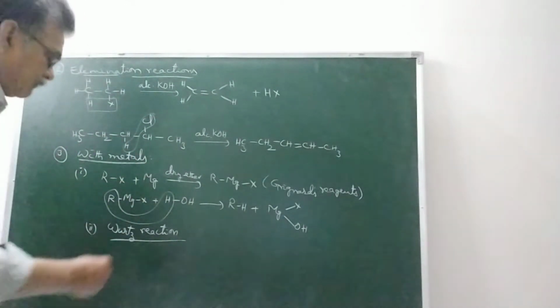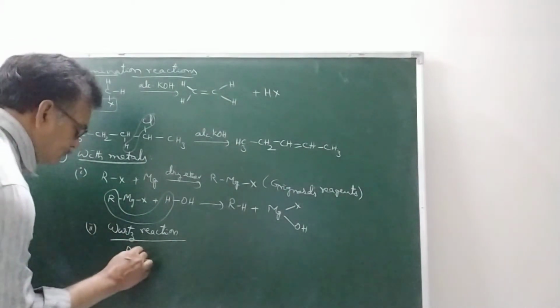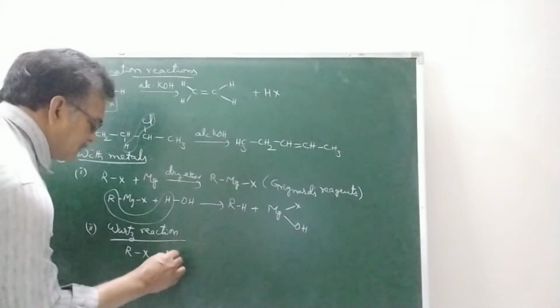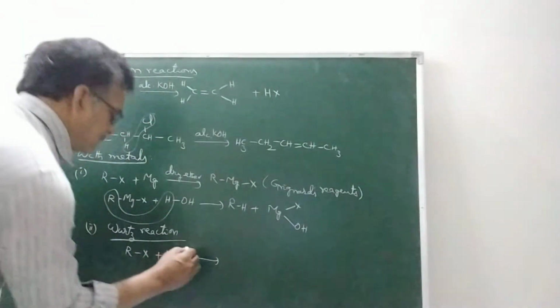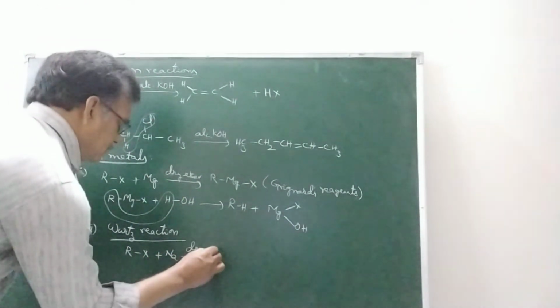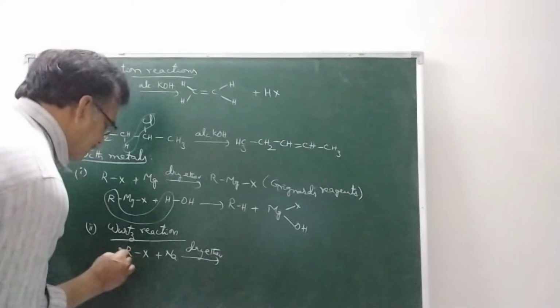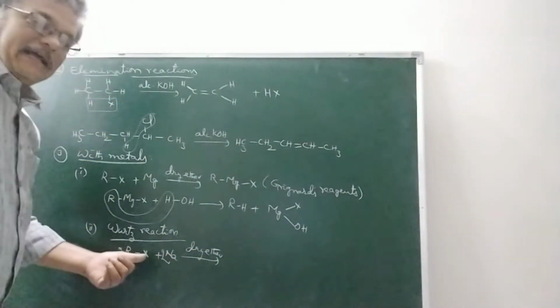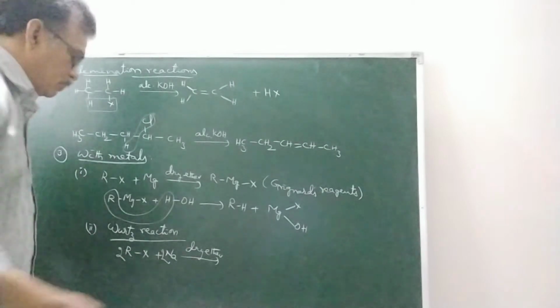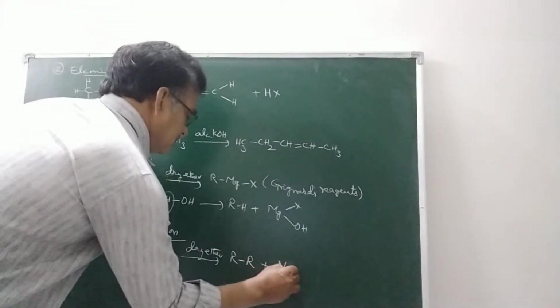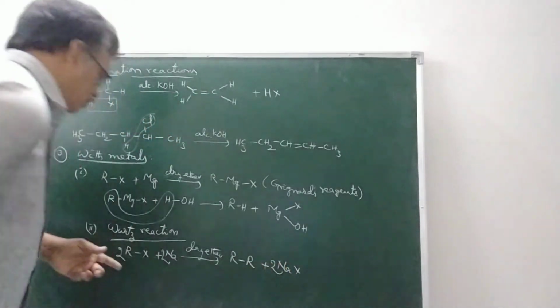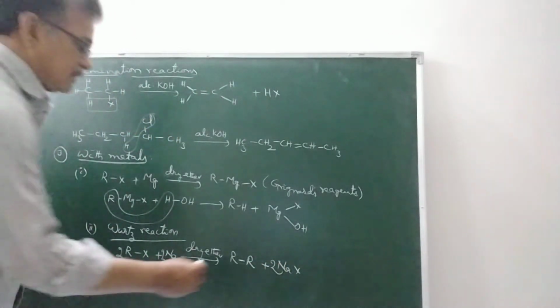For example, RX when treated with sodium in dry ether, 2 moles of alkyl halide react with 2 moles of sodium to give R-R plus 2NaX. This is an alkane.